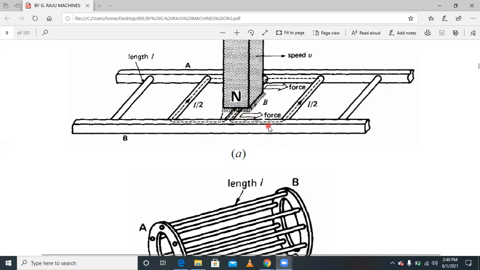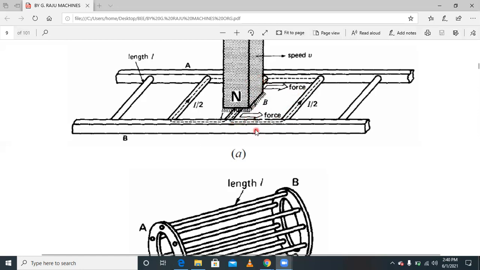So the rotor will start. The rotor tries to move in the same direction as the stator rotating magnetic field, because of the Lorentz force.